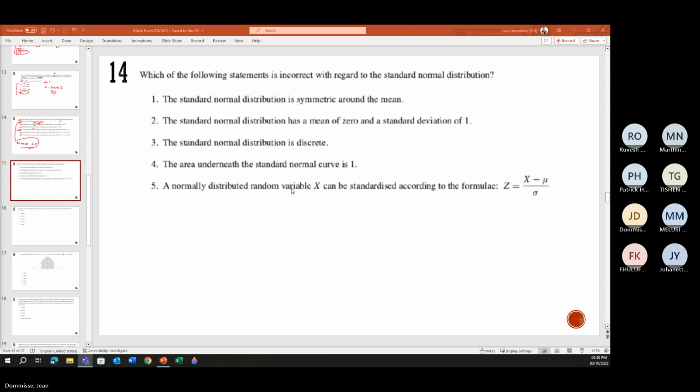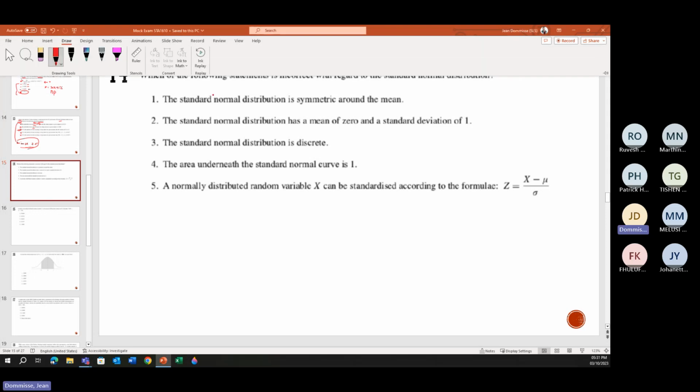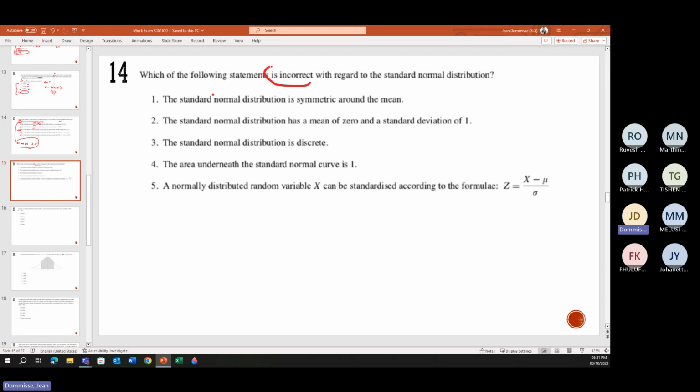In the definition, we're now being asked which one is incorrect. Again, nearly making sure that you need to just check which one is the incorrect one.